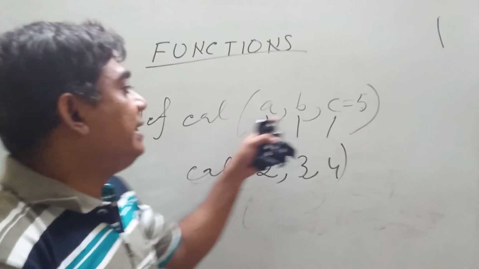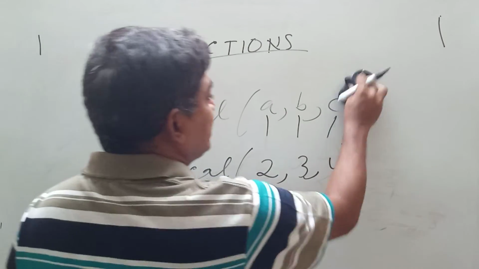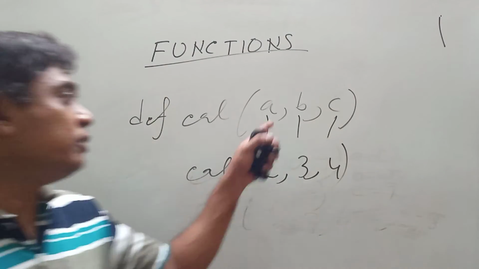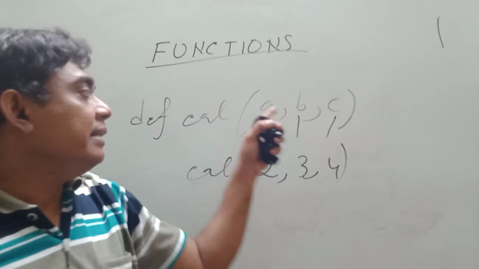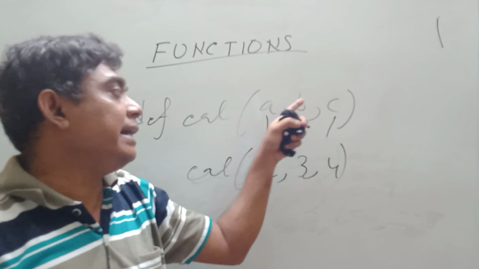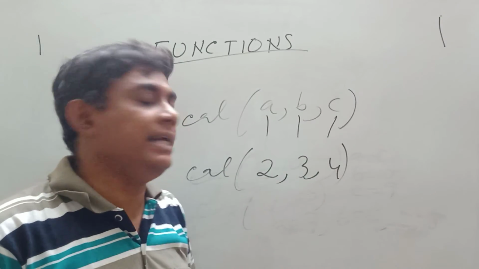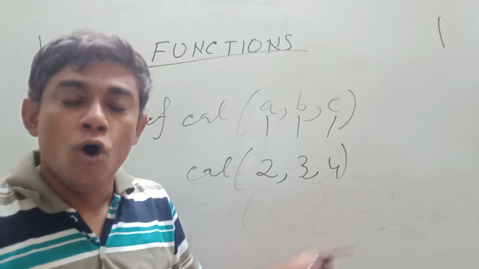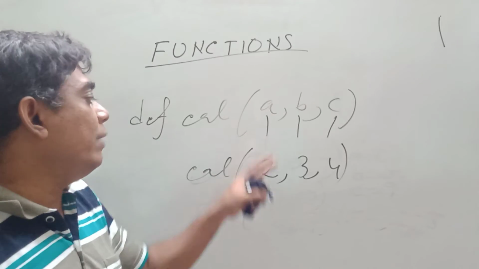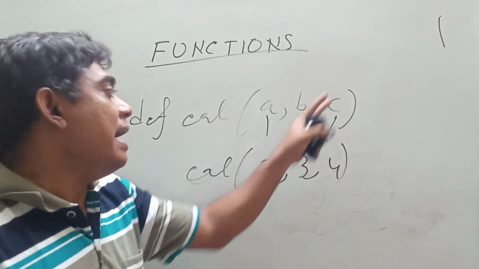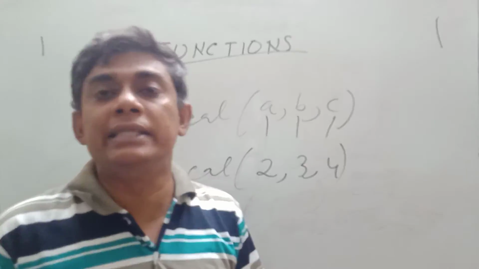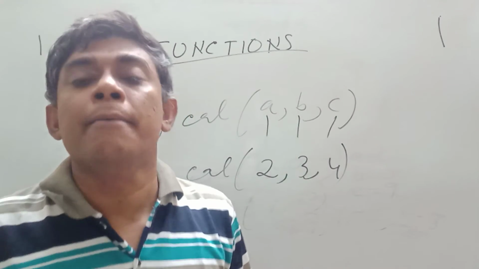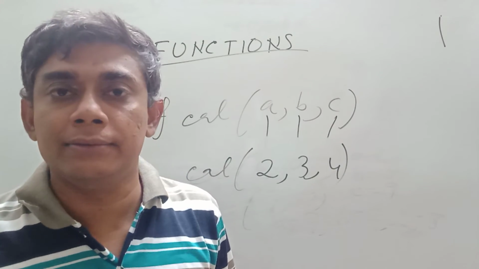So here there are 3 arguments A, B, C. In first position there is A, second position there is B, in third position there is C. So if you write cal 2, 3, 4, automatically value of A will be 2, B 3, and C 4. It will take the original position. That's why this is known as positional argument.